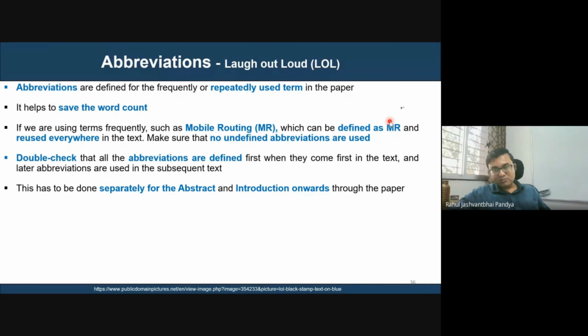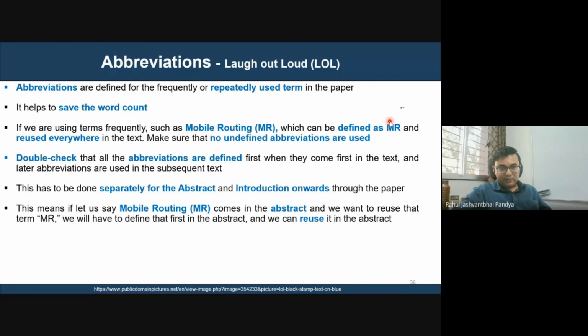Why am I supposed to redefine it after the introduction onwards? The reason behind this is that most of the journals which are not open access will just put the abstract in a public domain. Correct? So that's why the abstract goes separately there. And then subsequently, the introduction body is again taken separately. So that's why it should be redefined after the abstract, at the introduction section, always.